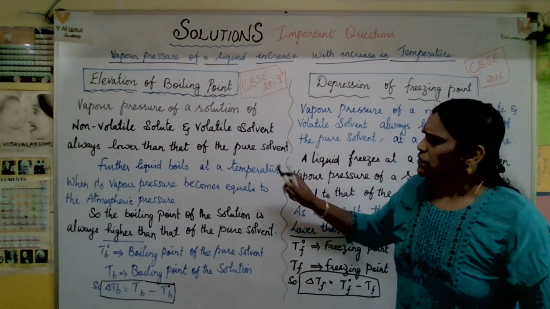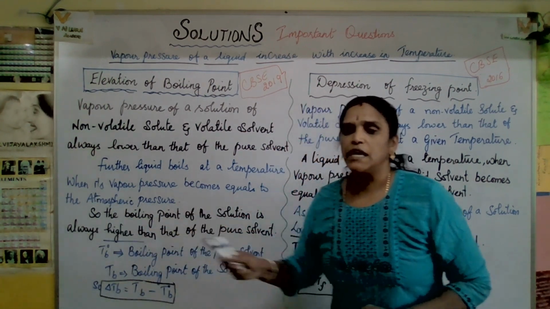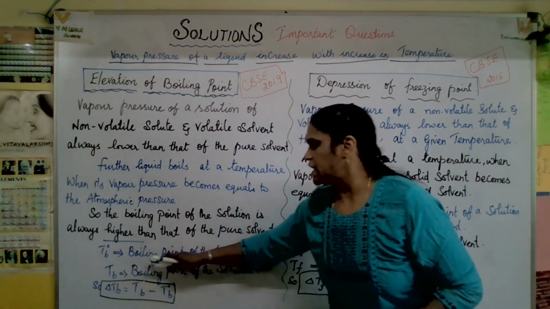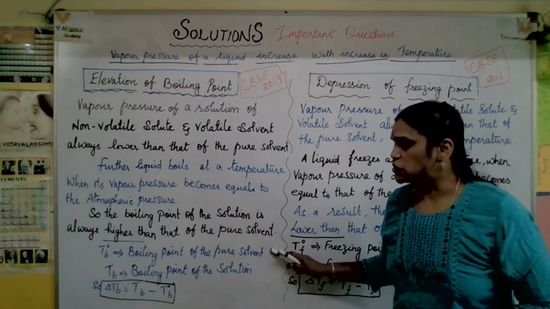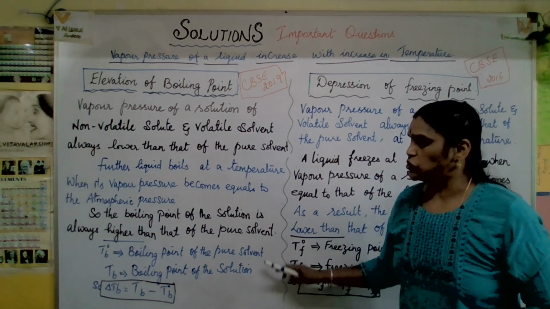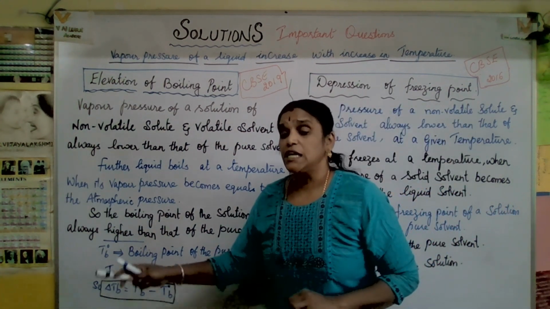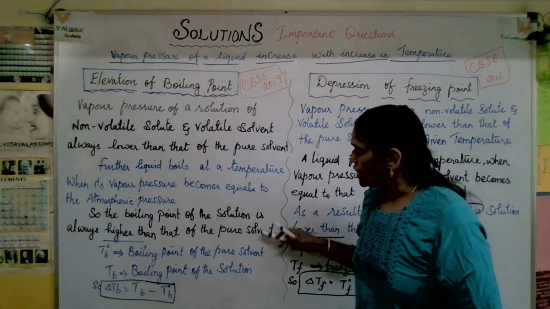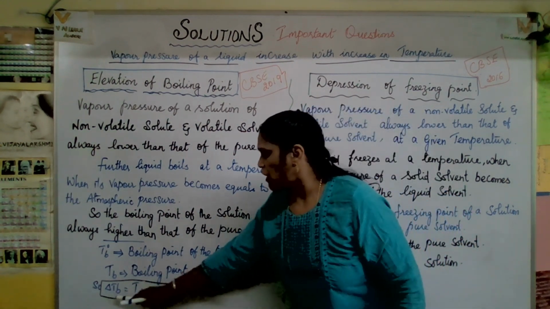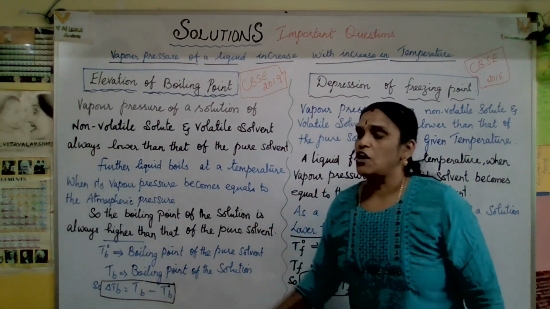For example, T naught B is the initial point, the boiling point of the pure solvent. TB is the boiling point of the solution. This is the solvent and this is the solution. So what is the difference between these two? Delta TB equals TB minus T naught B.